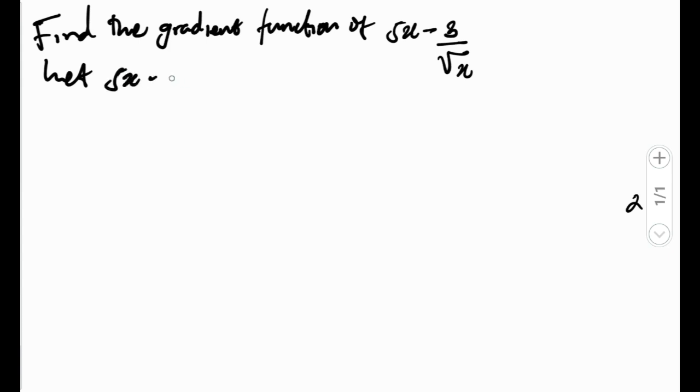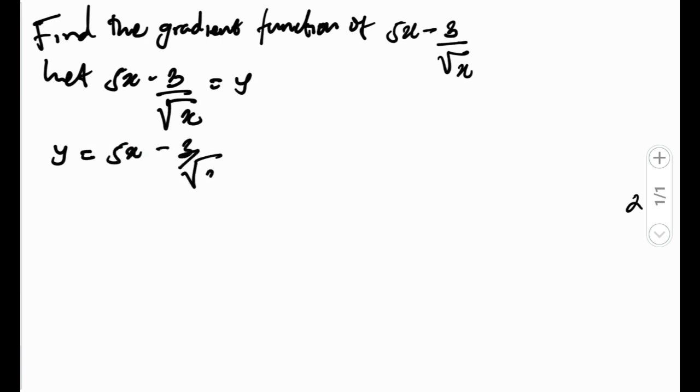So I say let y be equal to 5x minus 3 over root of x, and therefore if I'm to differentiate this, I would say that dy/dx would be equal to 5 minus 3, remember this x is down, so x to the power of -1 out of 2 minus 1.